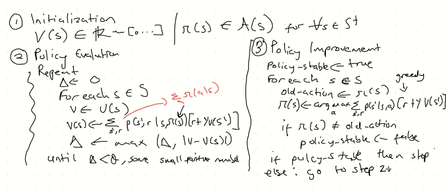We should use our new policy, which is better than our old policy. After doing that, we find the value function with respect to that new policy, and then we come back and repeat the same process until we reach a state whereby the policy is stable. If the policy is stable, then we can stop and we have found the optimal values.